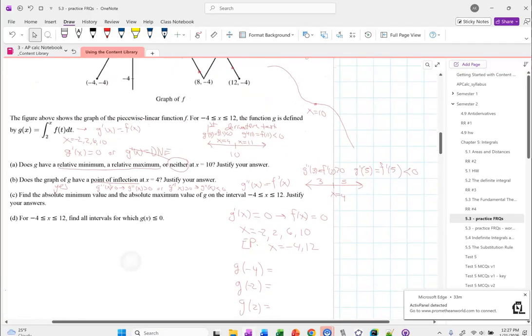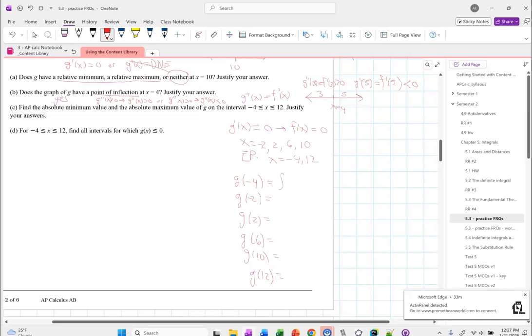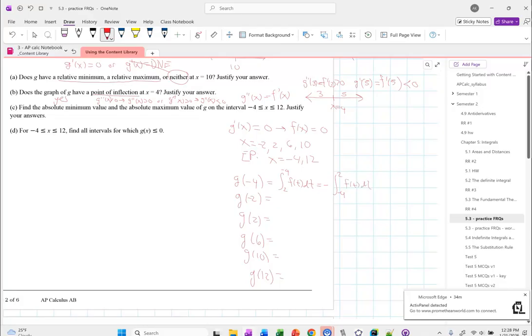This is going from 2 to x. Everybody's good with that? What don't I like about that? Big to small. Let's flip it. Everybody okay with that?